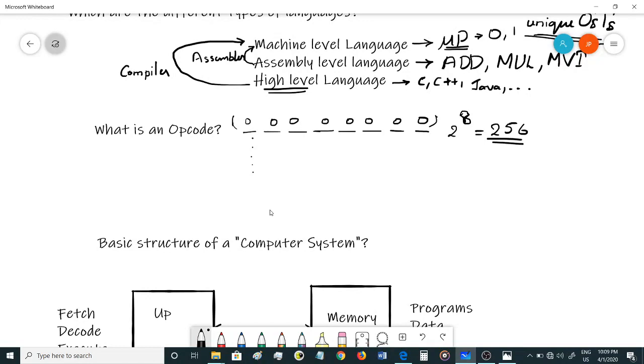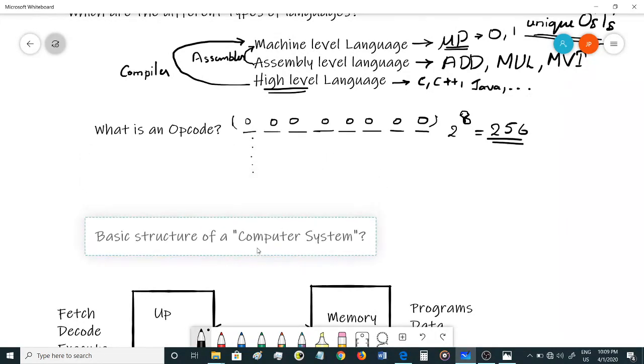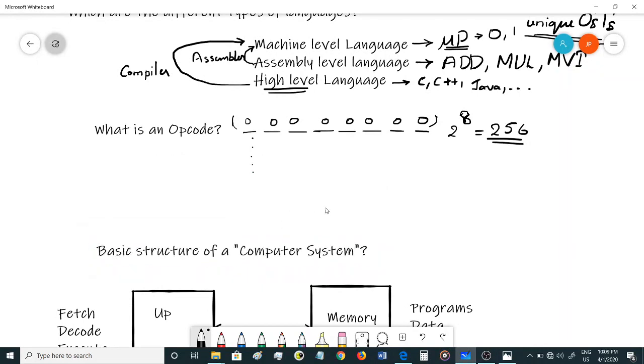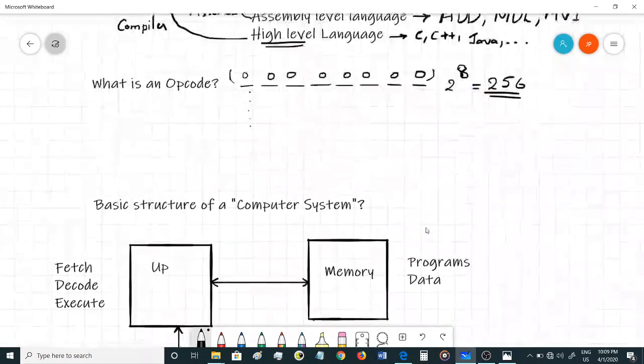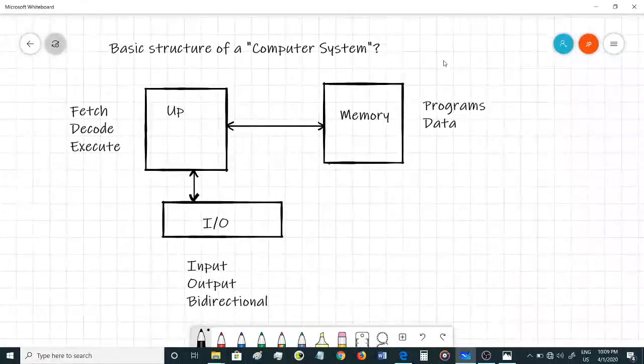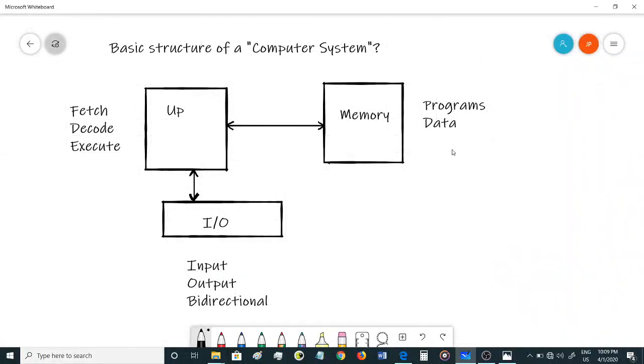So that is what is known as an opcode. Now let's look at the basic structure of a computer system. I hope the combinations are very clear.